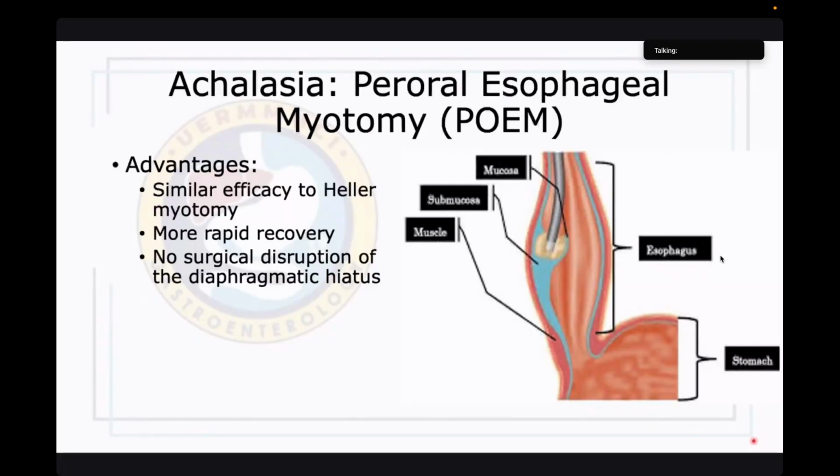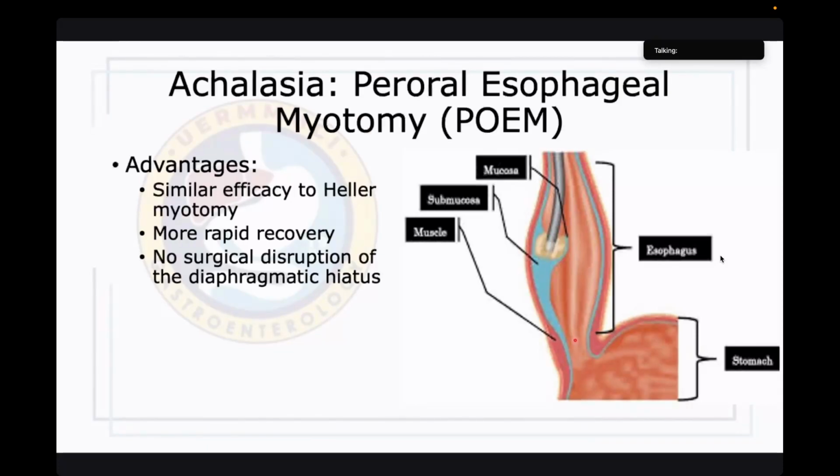The goal is similar to that of pneumatic dilation, that is to reduce the outflow resistance in the lower esophageal sphincter. And this is done by creating a tunnel in the submucosa of the esophageal wall through which the circular muscle of the LES and the distal esophagus are transected with electrocautery.